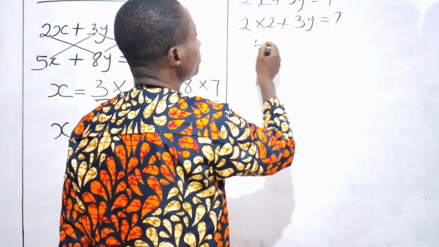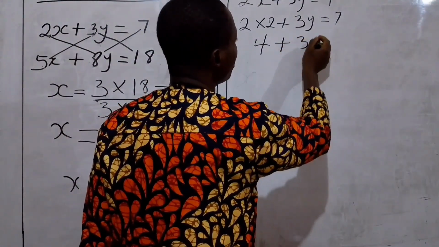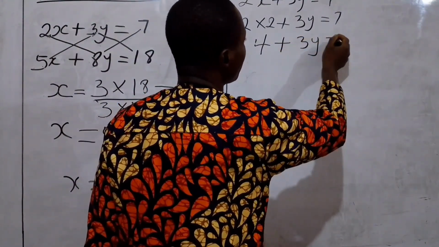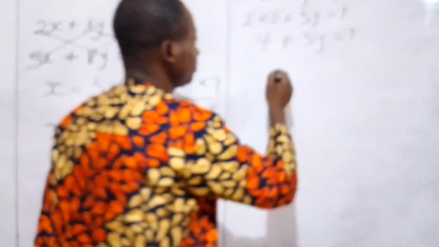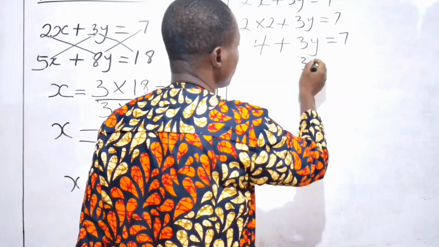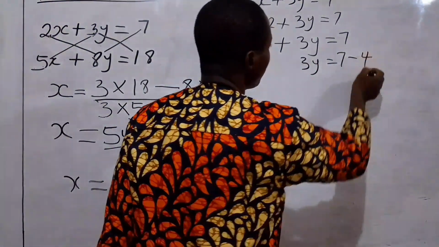So 2 times 2 is 4, plus 3y equals 7. Then we have 3y equals 7 minus 4.